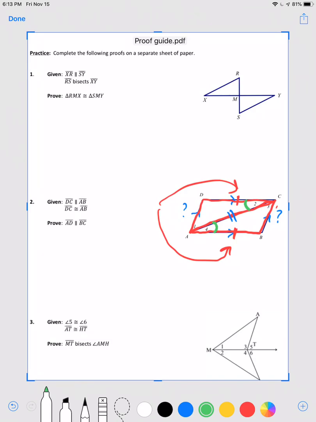And that means that the two triangles are actually the same. They're congruent to each other. Why is that? Because we have this side, this angle, and this side being congruent to this side, this angle, and this side. So by side angle side, the two triangles are congruent to each other.